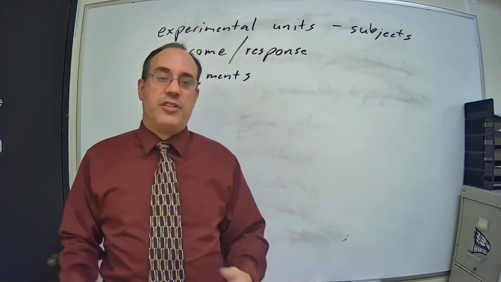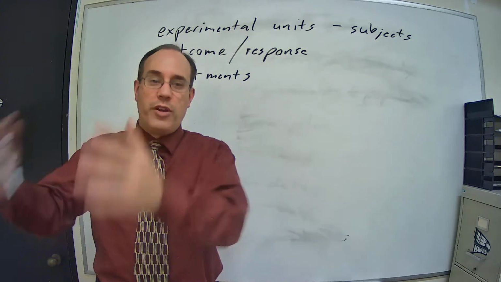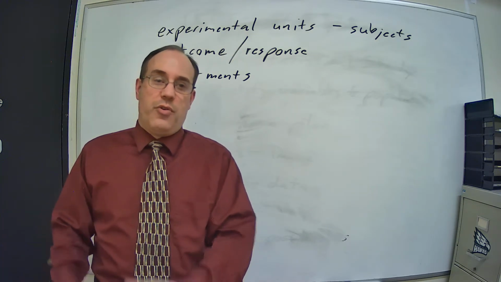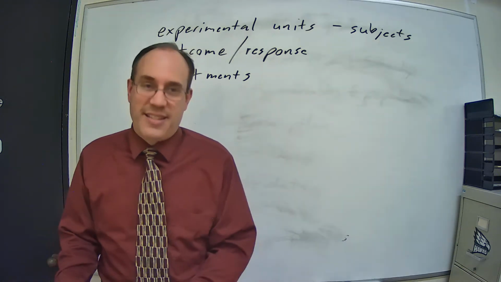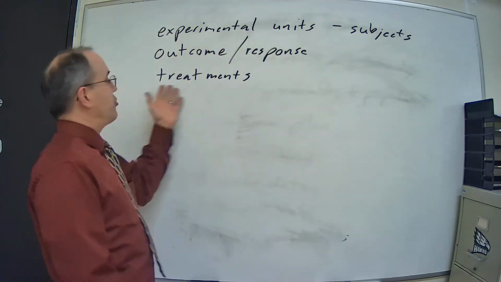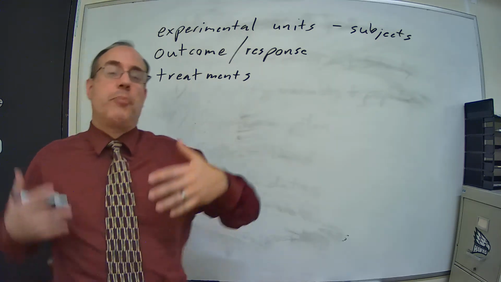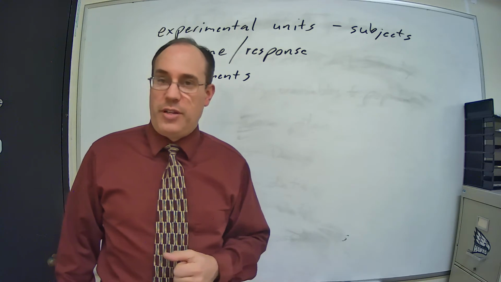You can't just perform some treatment on one group of individuals or items and not do something different to compare against. Okay, so that's treatments. So treatments are actually where we act upon the subjects or the experimental units.